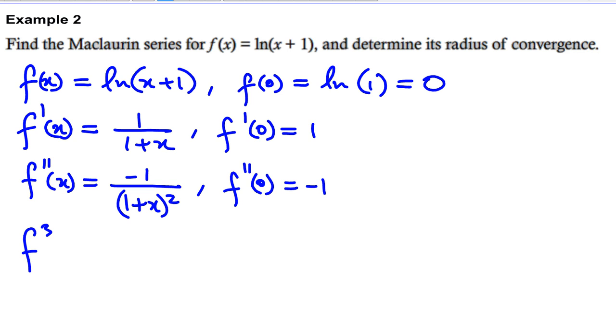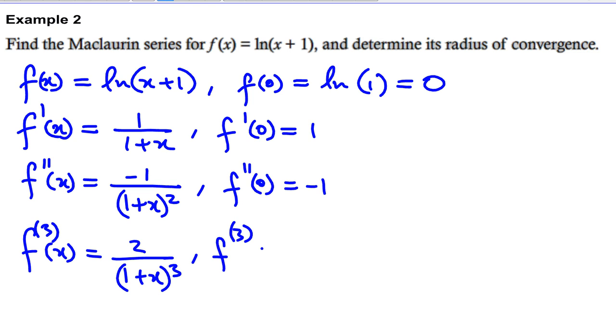Third derivative of this function will be 2 over (1 plus x) to the power 3. The value of the third derivative at x equals 0 will be equal to 2.